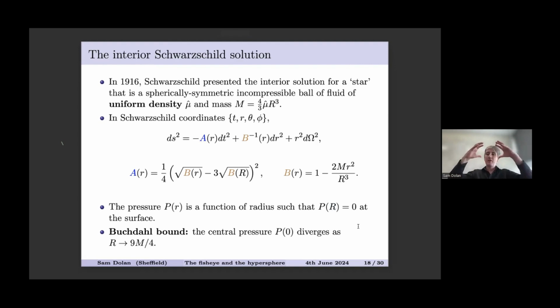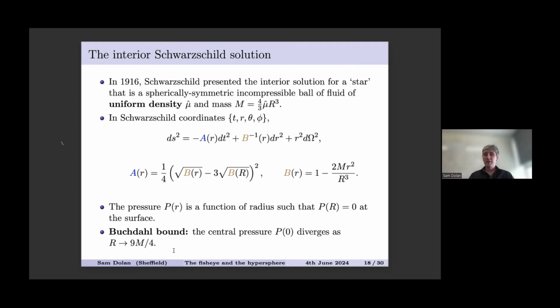If you try to make it too compact, things go wrong. And specifically, they go wrong at the Buchdahl bound. We can make spheres no more compact than a radius of 9m over 4, so 2.25 m. And what goes wrong? Well, as we approach that limit, the pressure in the center of the star diverges.